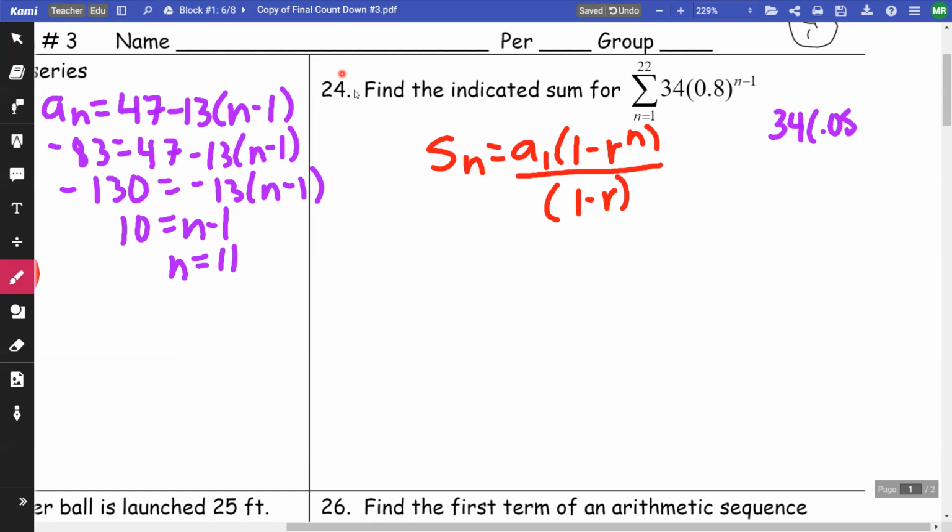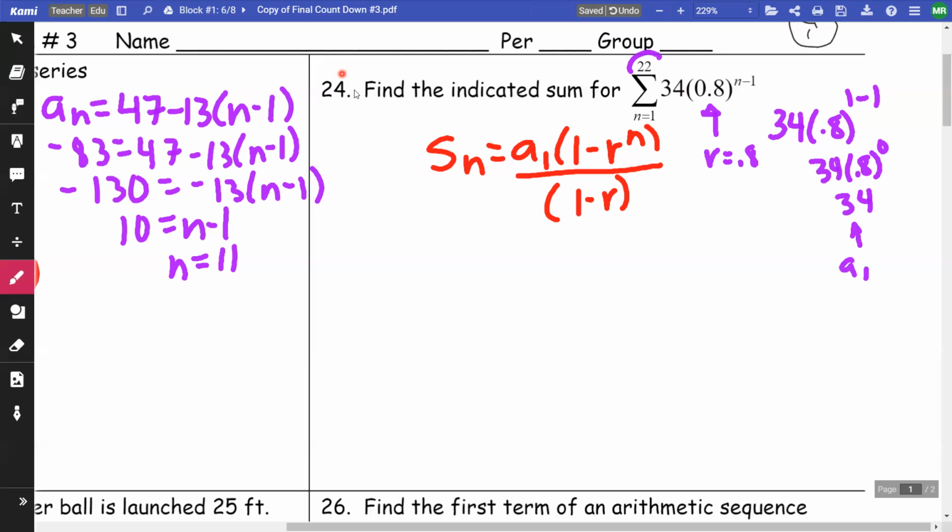If I was to put 1 in here, whoops, that should be a 0.8, I would get 1 minus 1, which is 0, and 34 times 0.8 to the 0 is a 1. So I would get 34. So this is your A sub 1. Okay. This is my r. And again, this is my A sub 1.